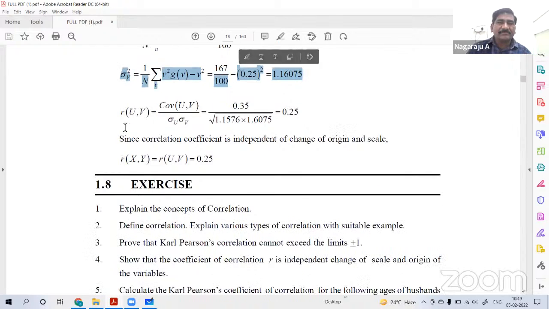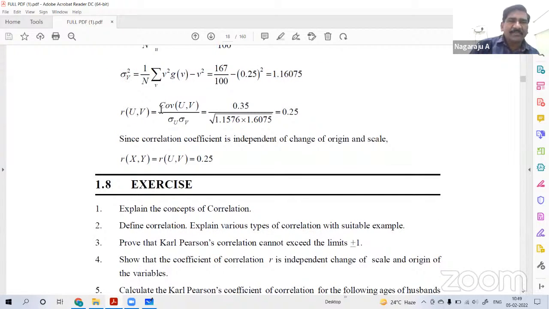Then I'm substituting r of u comma v equal to the covariance of u comma v over sigma x into sigma y, so that is 0.25. 0.25 is very low. The correlation coefficient is independent of changes of origin and scale. Independent means it is in no way correlated. It is almost zero, so there is no correlation; one data is independent of the other data. That's all.